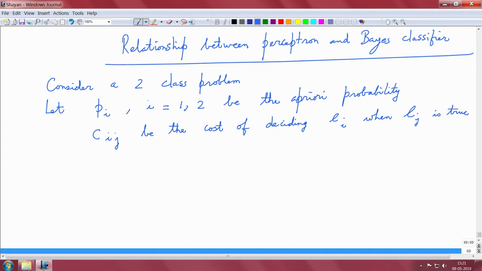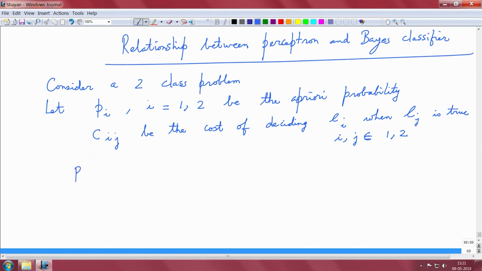That means the data point belongs to class j, but you are treating it as i, and there is a cost associated with that. This holds for these pairs ij belonging to 1 and 2. That means i can take 1 and 2 and j can take 1 and 2.